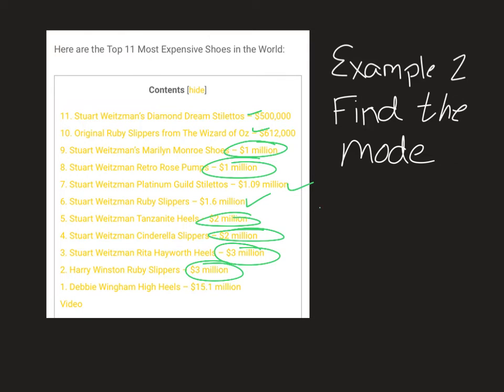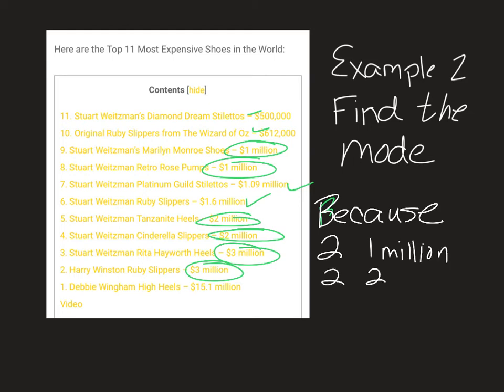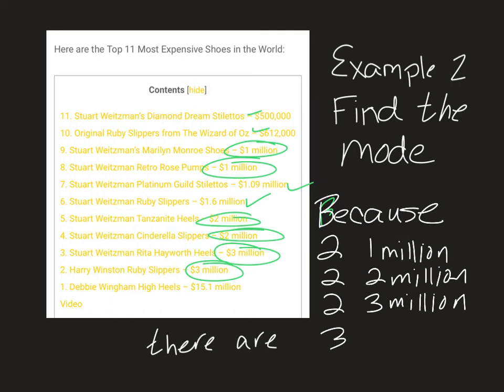So because there are 2 at $1 million, there are 2 at $2 million, and there are 2 at $3 million, there are 3 modes.